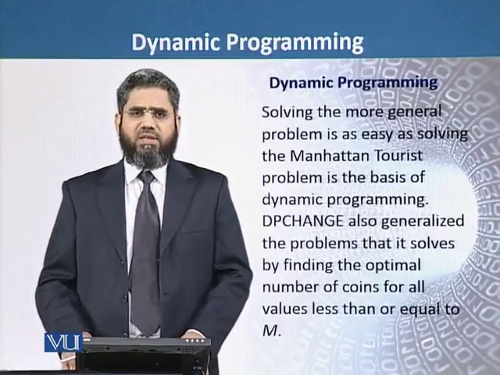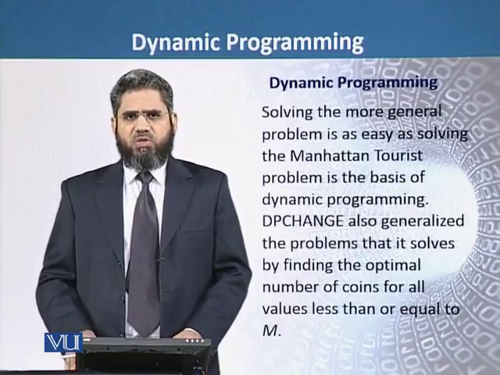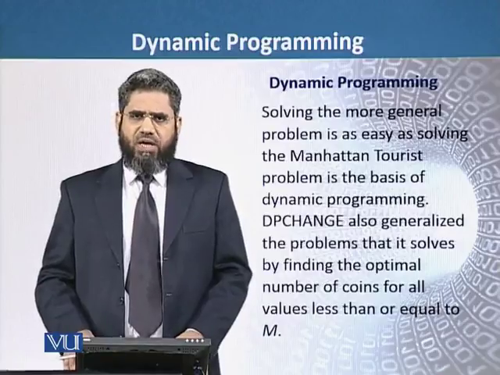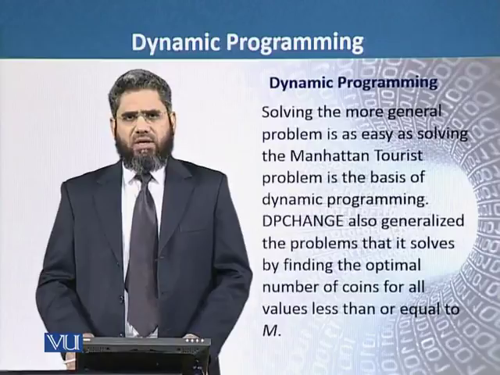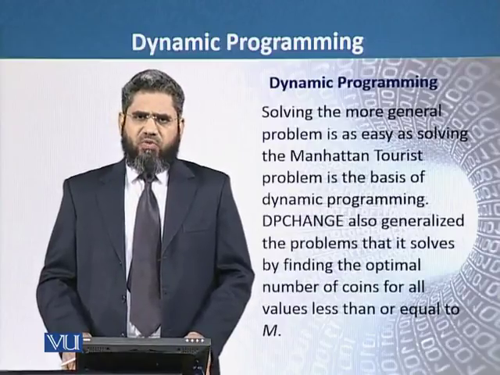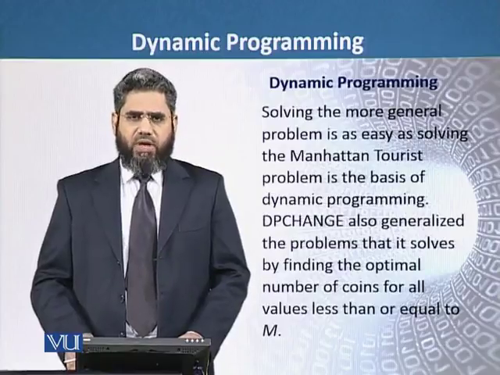And we have also seen that the dynamic programming change algorithm uses the same strategy, and it calculates the general problem for calculating the best number of coins for any value up to m.